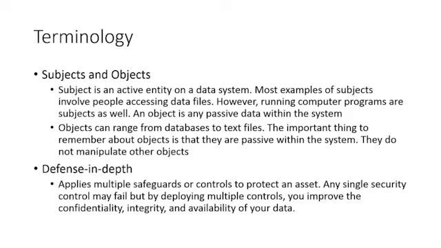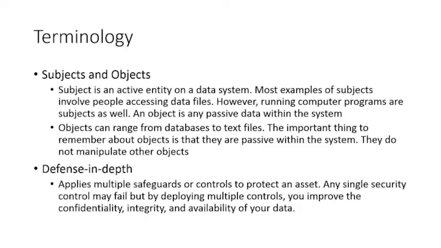And then defense in depth. I have mentioned this quite a few times. This applies multiple safeguards or controls. Remember we talked about all those controls like firewalls, IDSs, IPSs, and the data is down here, right? We're trying to build layers upon layers before the attacker can actually get to the good stuff.